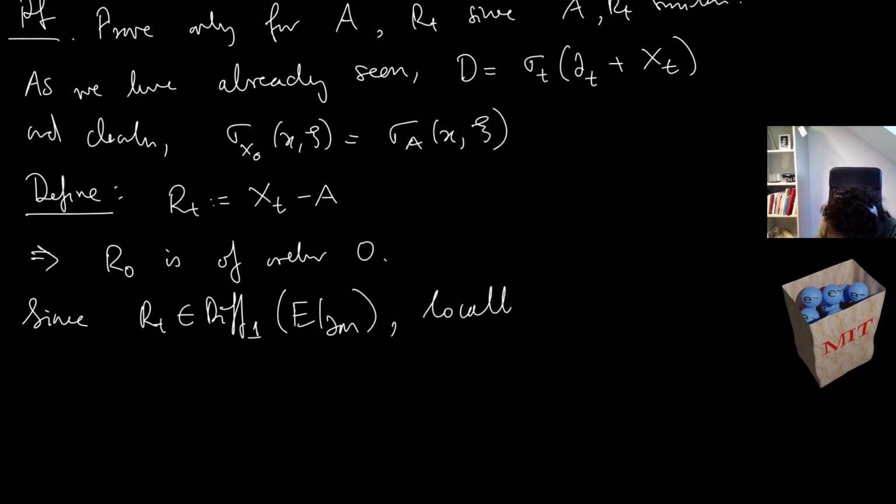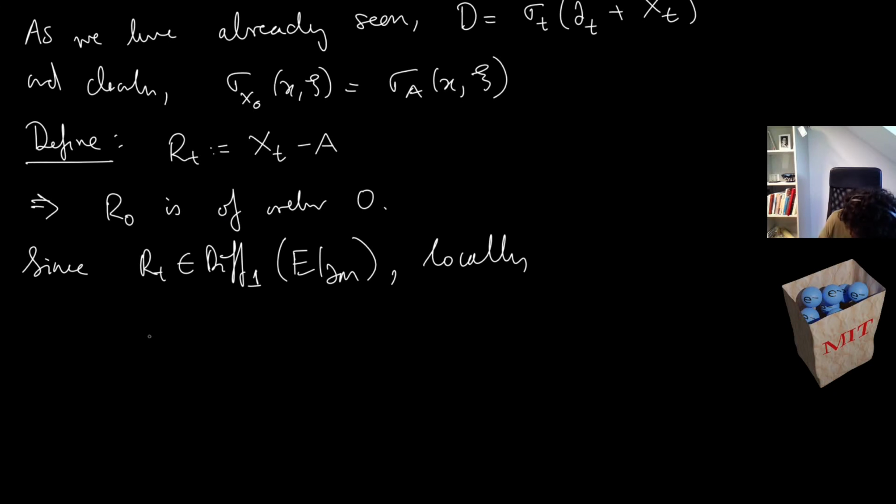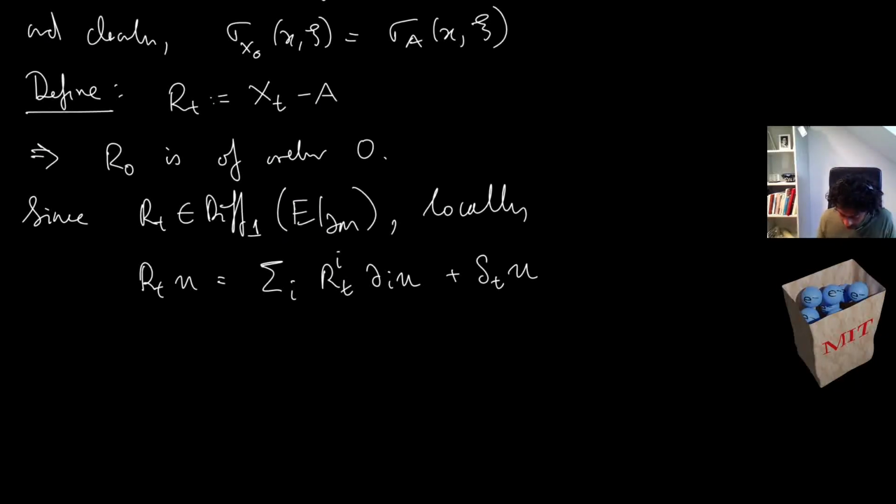Locally, what can we do? So R_t of U is going to be something like the sum of R_t^i partial_i of U plus, I don't know, some term, say S_t of U, which is a lower order term, right? So locally we can write it like this.